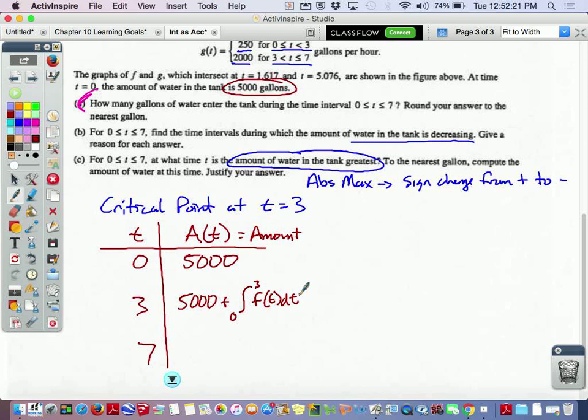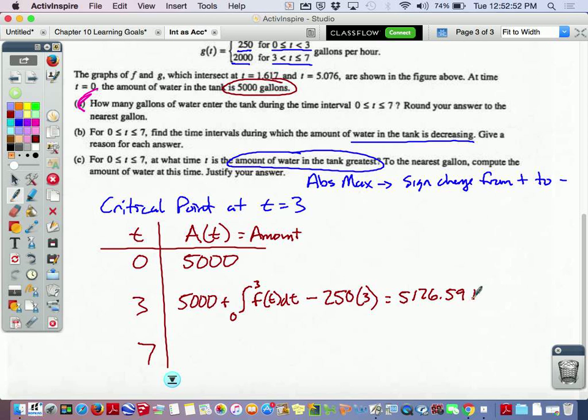Up to 3, that constant rate is 250 gallons per hour. So now I'm going to subtract 250 times 3. So it has what I start with, what I gain, and what I lose, all in those first 3 hours. Working all this out using your calculator, this comes out to be 5,126.591.